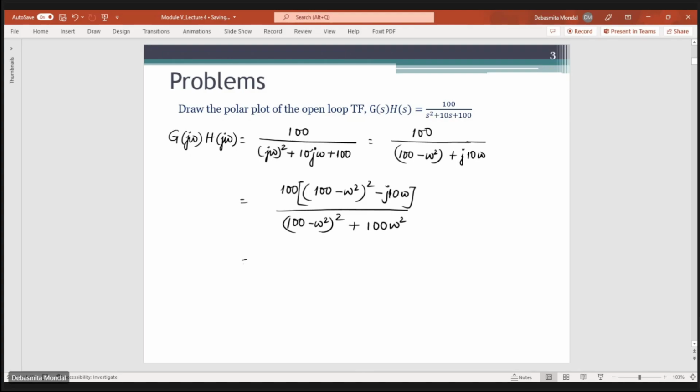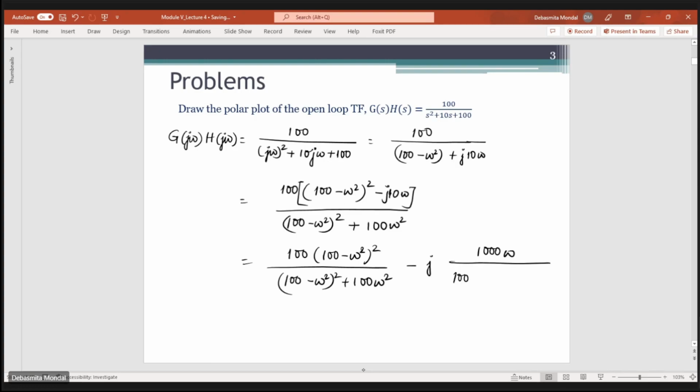So from here you can write that the real part is 100 into (100 minus omega square) divided by this denominator, minus j into 1000 omega by the same denominator, right? So this is how you have expressed it.